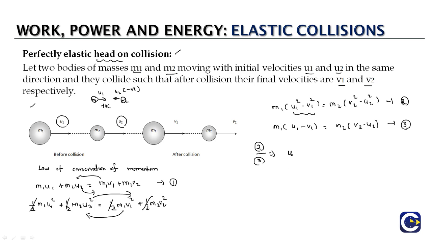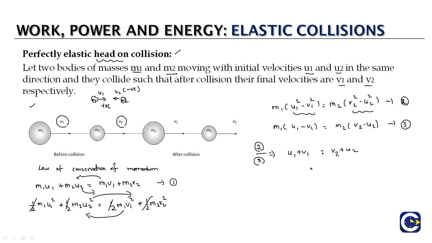Finally what we'll be left with is u1 plus v1. Similarly on the RHS, when we divide equation 2 by equation 3, the m2 term will get cancelled, and v2 square minus u2 square can also be written as (v2 minus u2) into (v2 plus u2). So after the division, we will be left with only v2 plus u2.